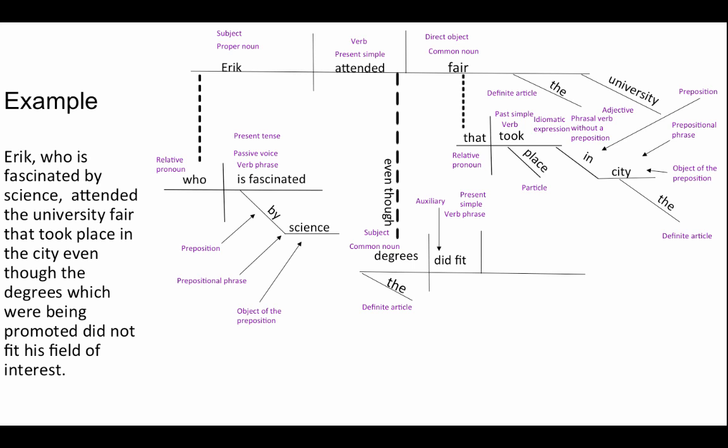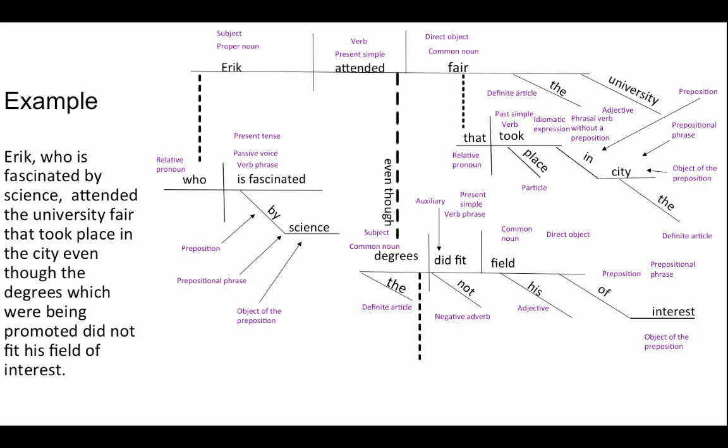Did is the auxiliary. Field is a common noun and a direct object. So the degrees did fit what? The field. Not is a negative adverb. And his is an adjective. Of interest is a prepositional phrase. Of is the preposition and interest is the object of the preposition.